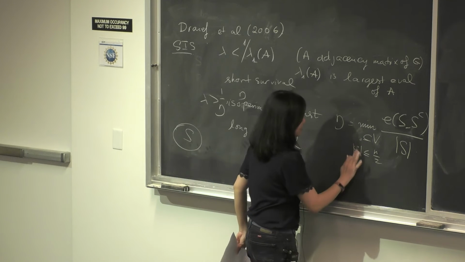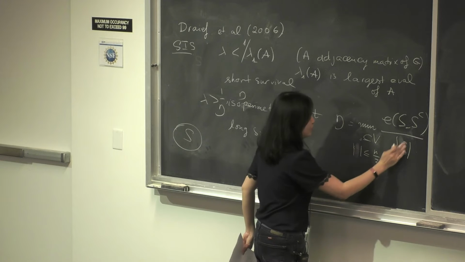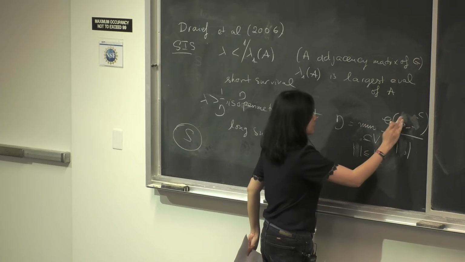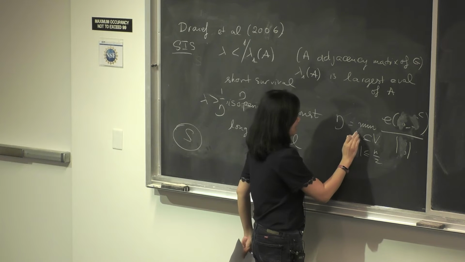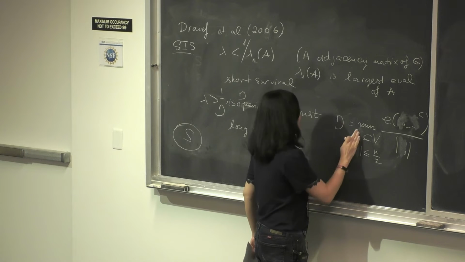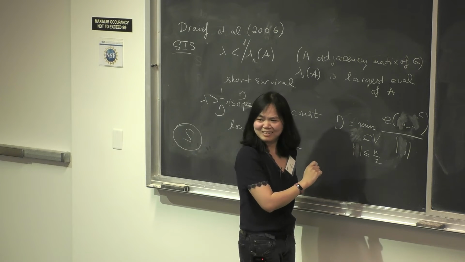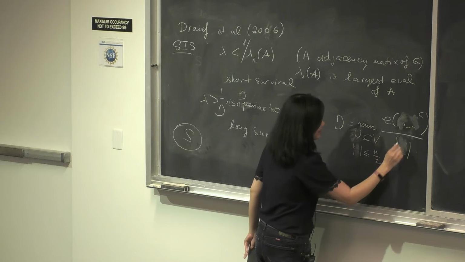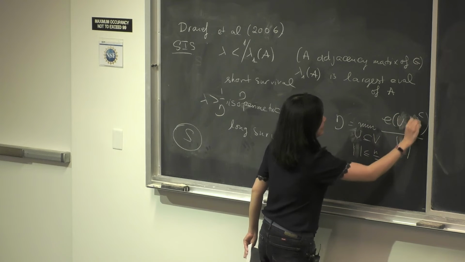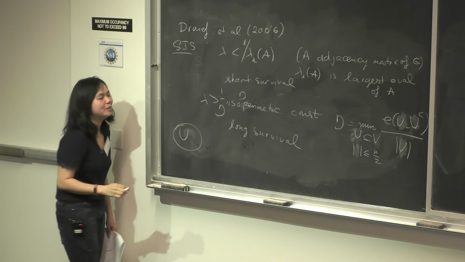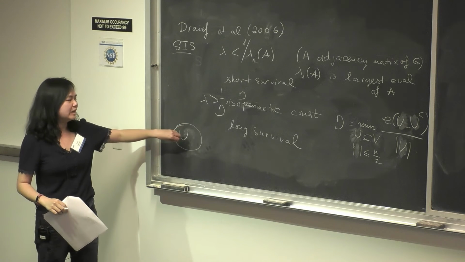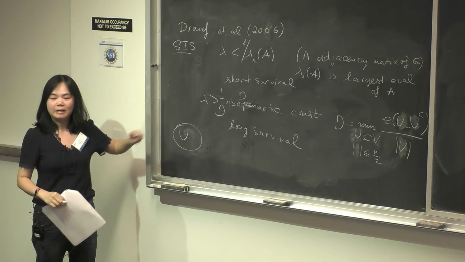Let's say at some time you have U, I'm changing the notation to not confuse it with the susceptible one, being the set of vertices that are infected.